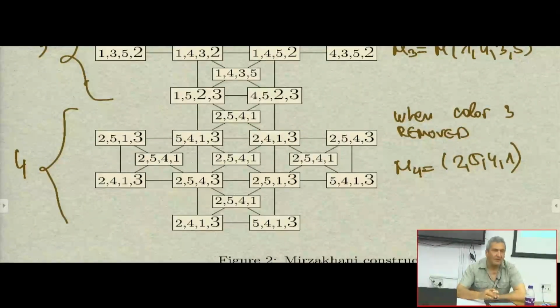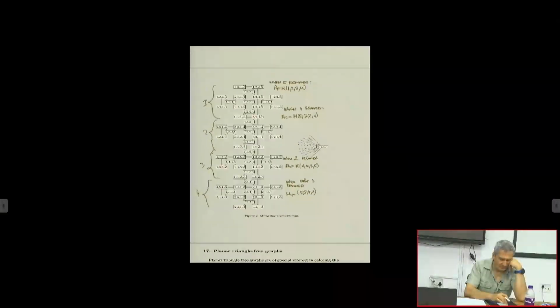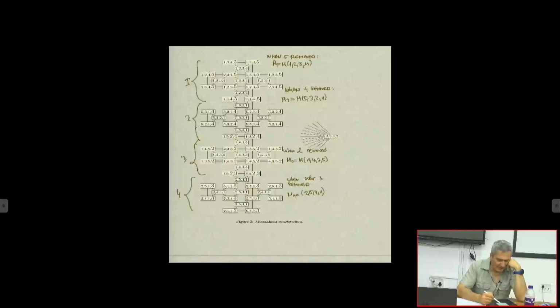Now look, we have this huge gadget, yes? Look, we have an additional vertex. And this additional vertex has a list of colors 3, 4, 5. And it's connected with every vertex here, going around, like this.